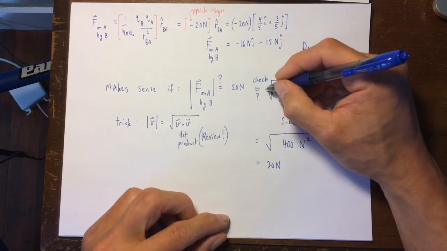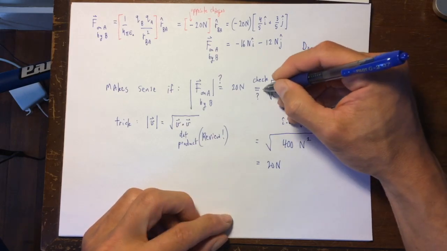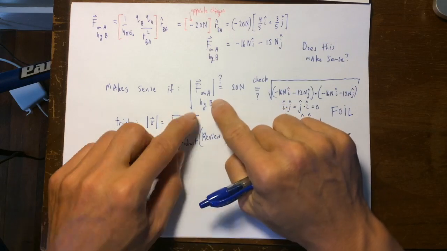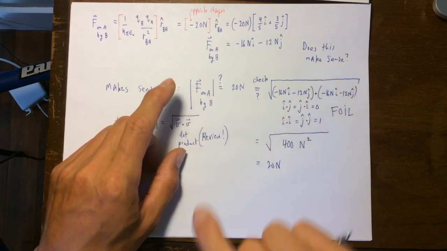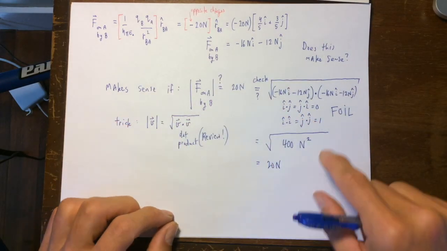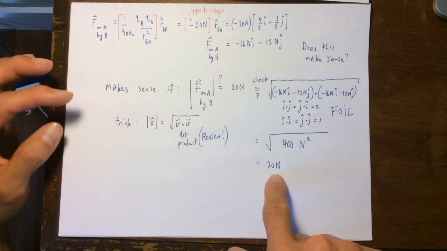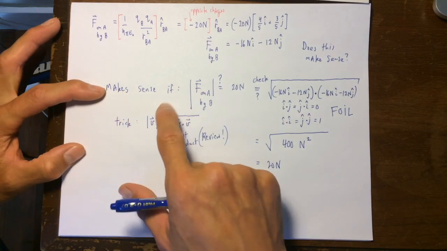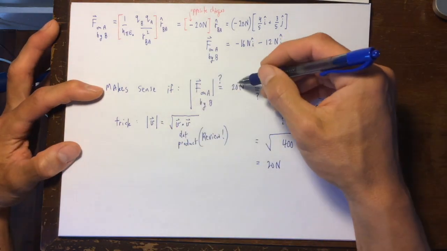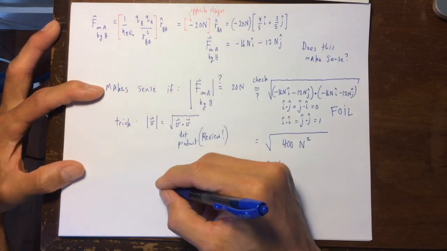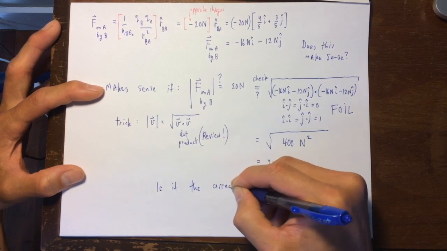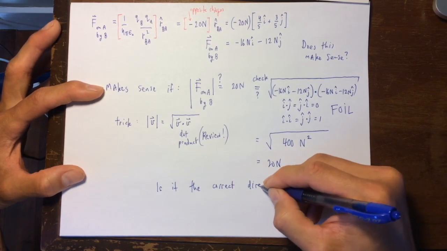Be careful. In algebra, sometimes a plus minus shows up, but the plus minus does not show up here. This is purely a positive number when you ask for the magnitude of a vector. So it turns out this has the right magnitude. But this makes sense not just because of the magnitude, but is it the correct direction?